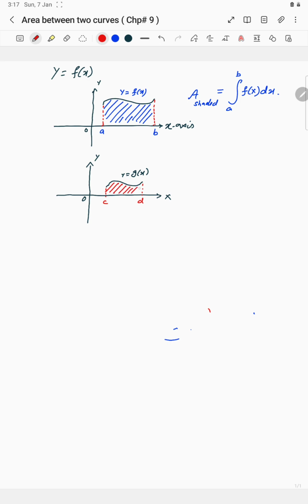So we are interested to find this area. The area of this shaded region for the function y equal to g of x will be formulated as the integral of C to D g of x dx, right?